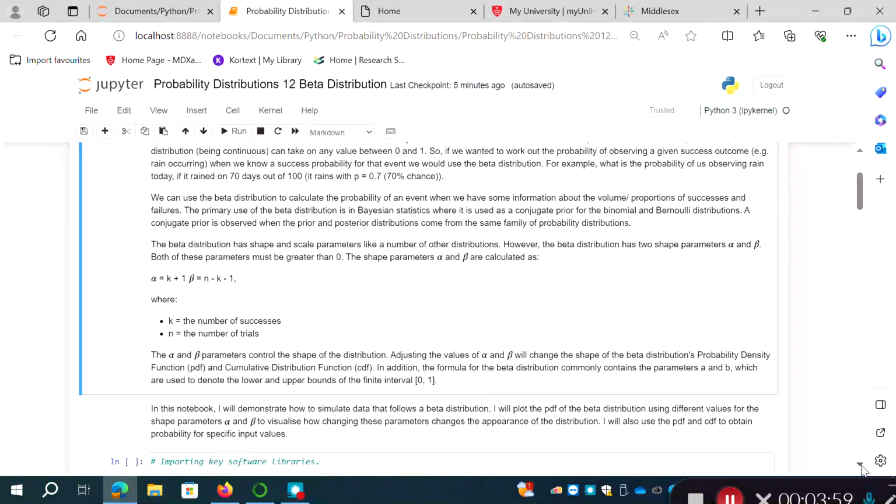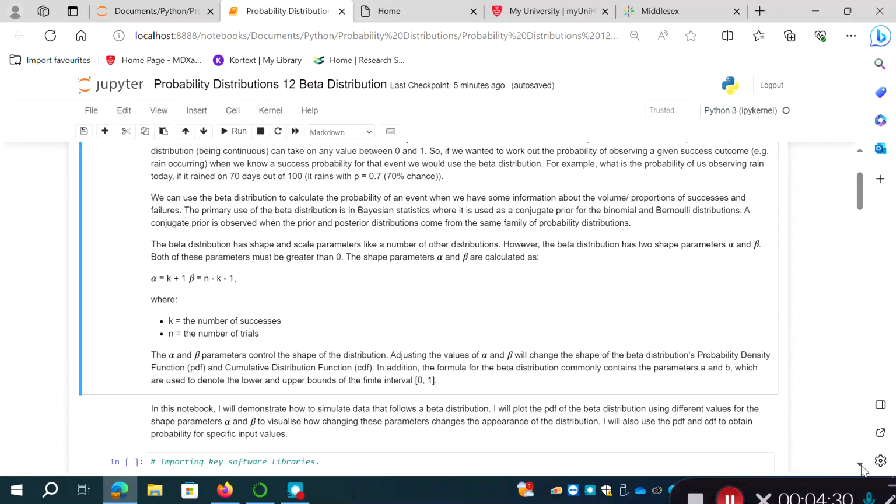In addition to these, to make it more confusing, the formula for the beta distribution, when you see it written down formally, commonly contains the parameters a and b also, which are often used to denote the lower and upper bounds of the finite intervals, such as between 0 and 1.